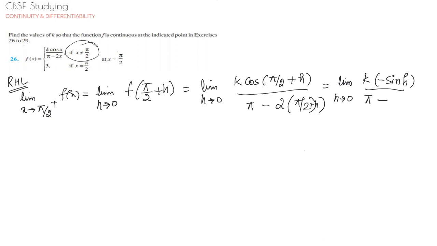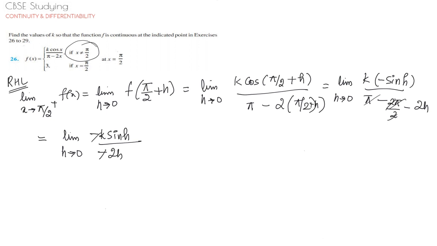So when you open the bracket, it becomes minus 2 pi by 2 minus 2h. Limit h tends to 0 minus k sin h divided by, so this 2 and 2 gets cut. Again, pi minus pi will get subtracted. What is remaining in the denominator? Minus 2h. So minus and minus gets cut over here.